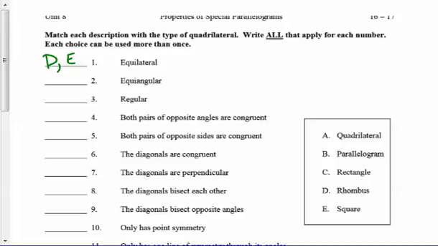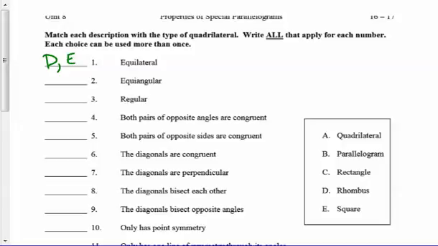Parallelograms are not equilateral. Quadrilaterals are not equilateral. At least they don't have to be. If you can give me an example of one that is not, then you're not putting it here. We're only putting things that are required, that have to be, right?